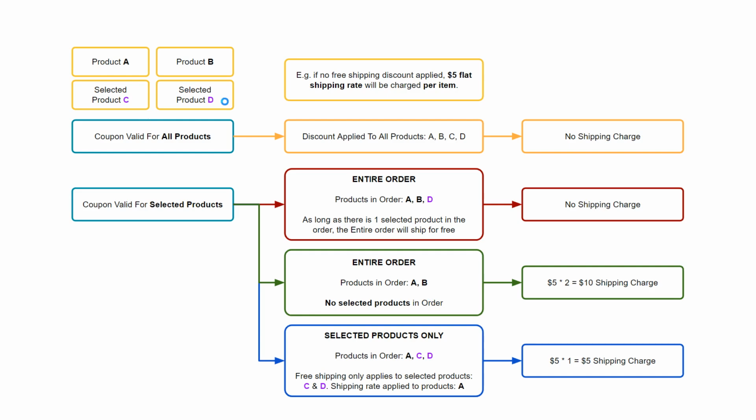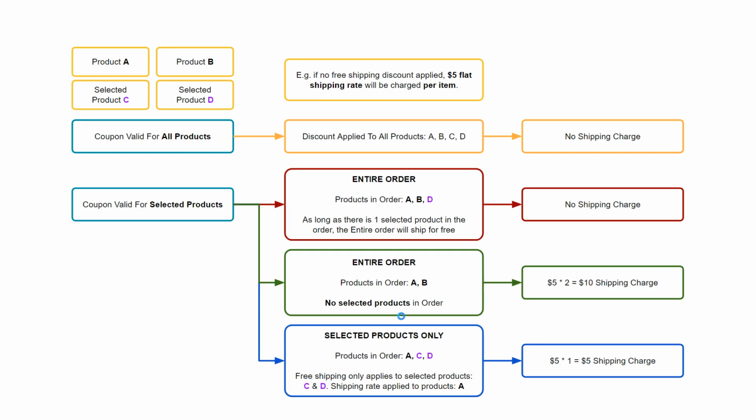Next, what if none of the selected products is in the order? C and D are not in the order. You only have products A and B. In that case, shipping charges will apply. Remember, $5 per item. So there are 2 items here, or 2 units. So 5 times 2, you get $10 shipping charge. Now, what if you set it so that the coupon is only valid for selected products only?